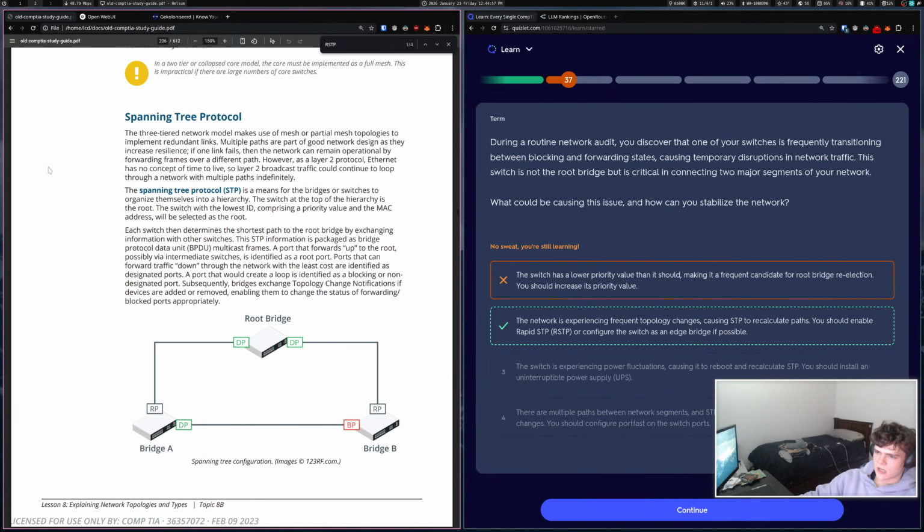So layer 2 broadcast traffic will continue to loop through a network with multiple paths indefinitely. STP is a means for bridges or switches to organize themselves into a hierarchy. The switch at the top of the hierarchy is the root. The switch with the lowest ID, comprising a priority value and MAC address, will be selected as the root.